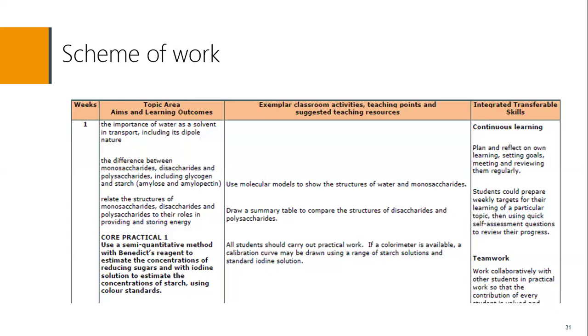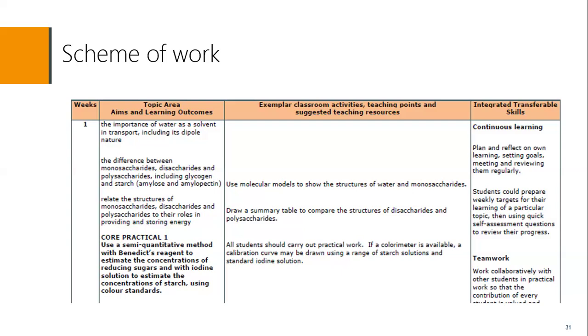You don't need to teach exactly as detailed in the scheme of work. A scheme of work is really a very personal document, and you're almost certain to want to deliver some aspects of the course differently. However, it does provide a starting point from which you can develop your own personalised scheme.